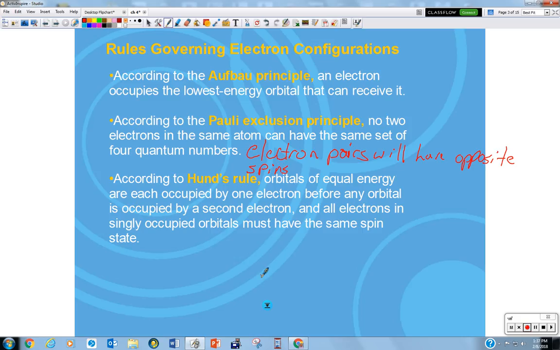So in an orbital, the two electrons that are within an orbital will have opposite spins.